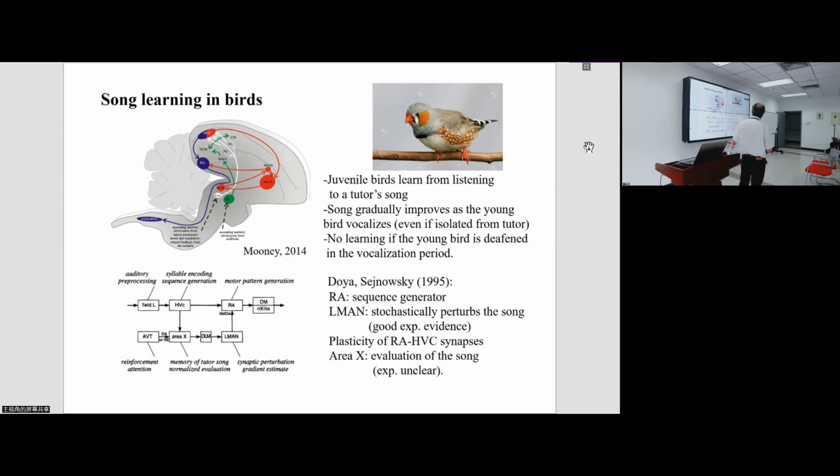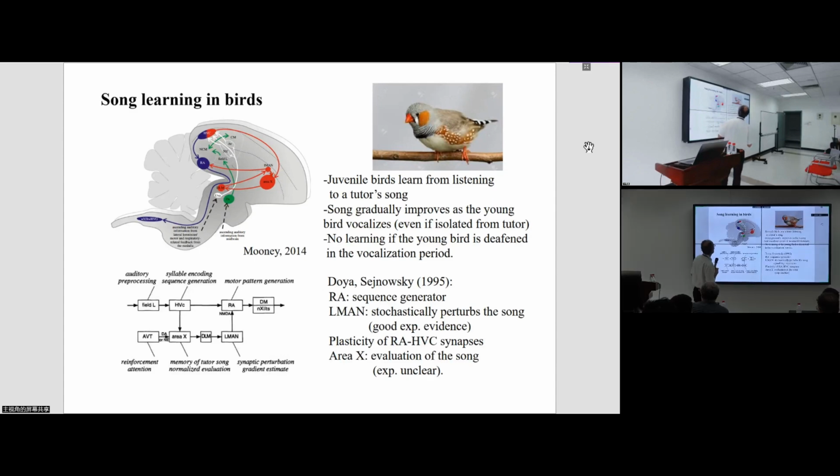And so a long time ago, Kenji Doya and Terrence Sejnowski proposed that this is done in a trial and error way. The idea is that there is this area here that shows you the song, which would in some sense be like a broadcast area.